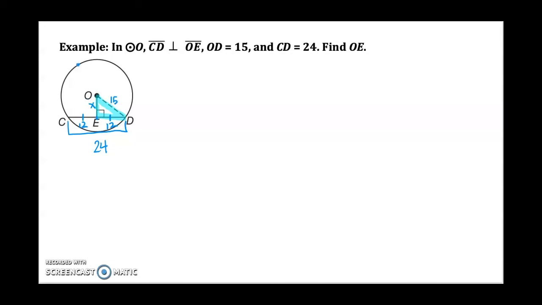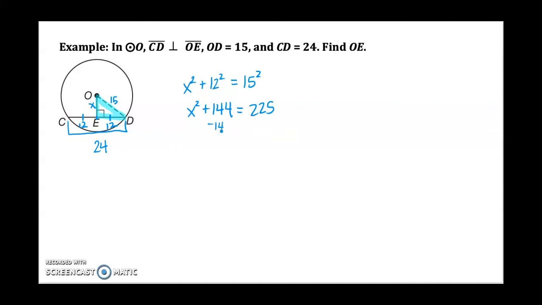Now I can use the Pythagorean theorem to find the length of OE. So we've got x squared plus 12 squared is equal to 15 squared. So x squared plus 144 is equal to 225.